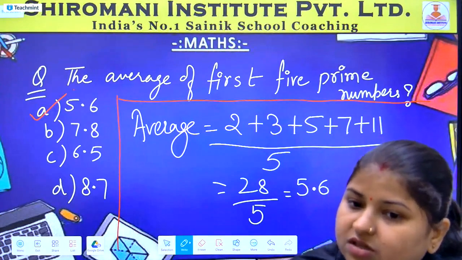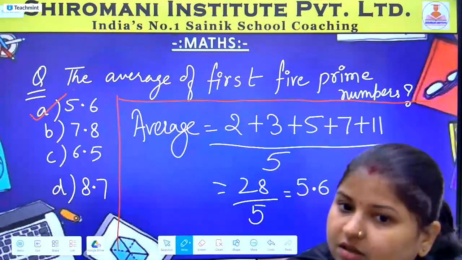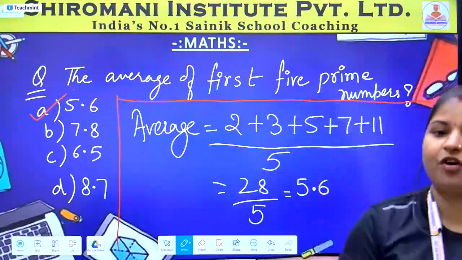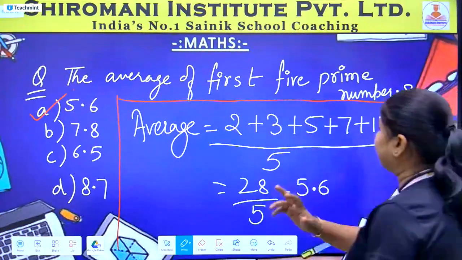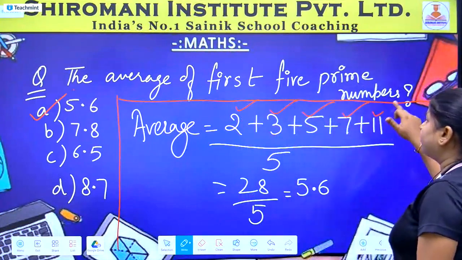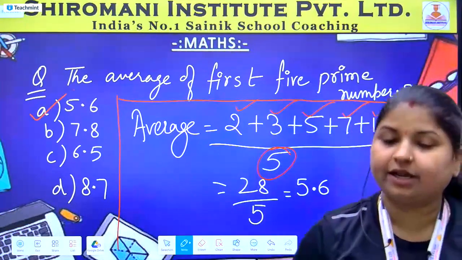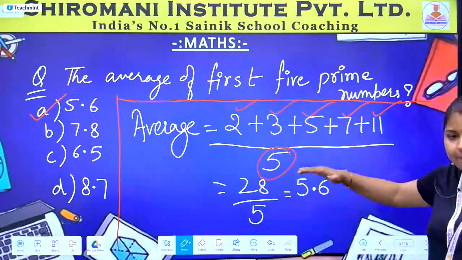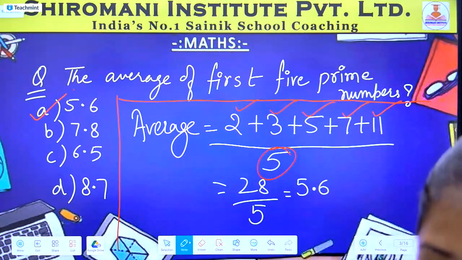The formula for average is sum of observations by total number of observations. Here I have 5 observations, 1, 2, 3, 4, 5. That's why I take 5 in the denominator, because the formula says sum of observations upon total number of observations. Okay? Why don't you learn the formula?